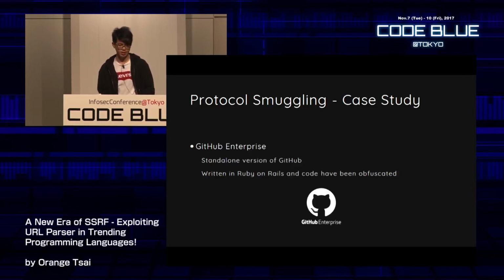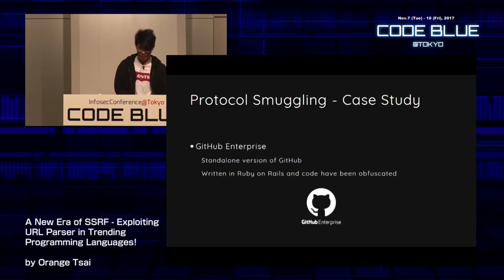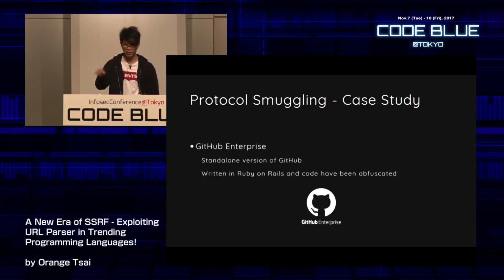The code base of GitHub Enterprise seems to be the same as github.com, and there is an environment variable that you can use to switch the mode from enterprise version to the .com version. So if you want to study the security of GitHub, I highly recommend GitHub Enterprise to you.